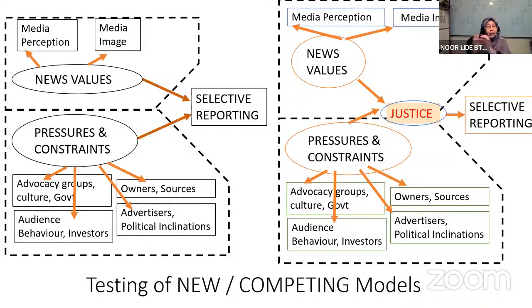So we can put another variable in, which is justice, and think about how to operationalize this concept or construct so that it can be measured, and therefore we can test this model. I think this is a third way that we can help our students to construct the theoretical framework, then come up with a conceptual framework, and finally come up with the variables that they are interested to test in their research work.